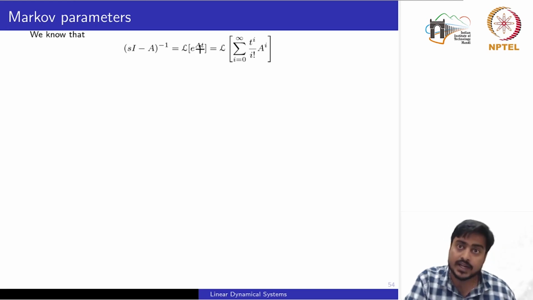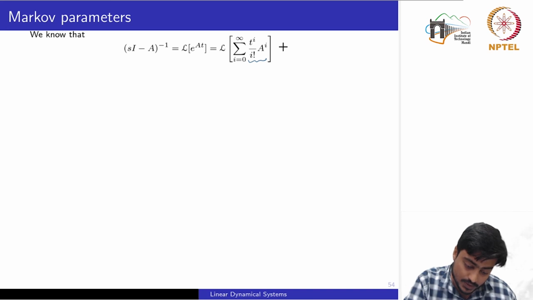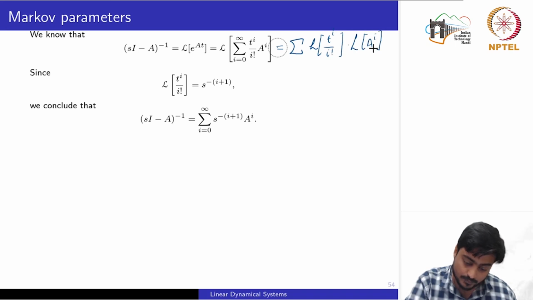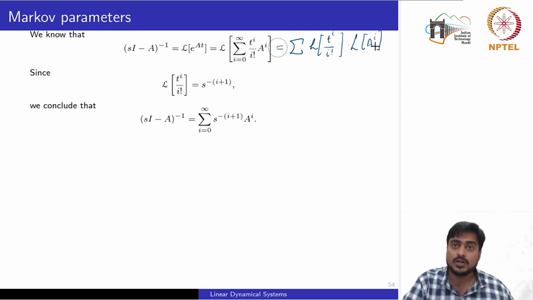And this e to the power At I can represent as an infinite series, starting from i equal to 0 to infinity, of t to the i by i factorial times A to the i. Now I can write this as the summation of the Laplace transform of t to the i by i factorial into A to the i, using the property of the Laplace transform.